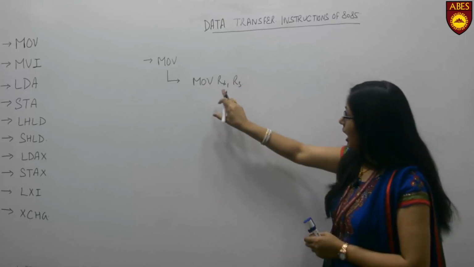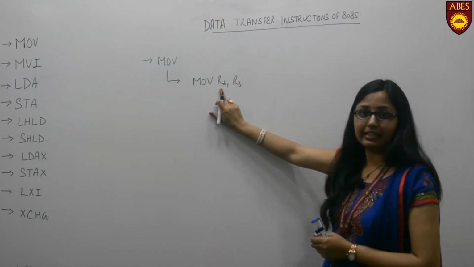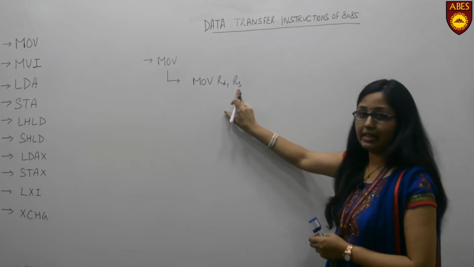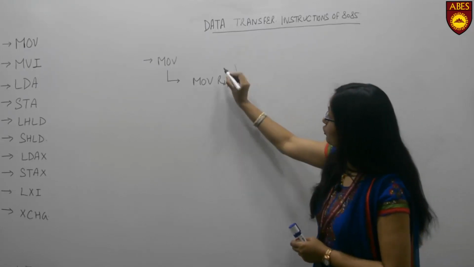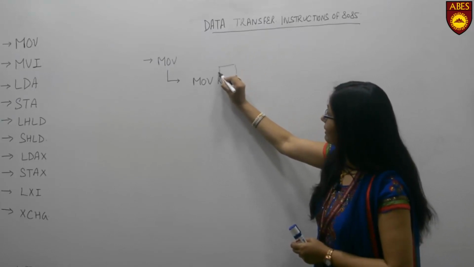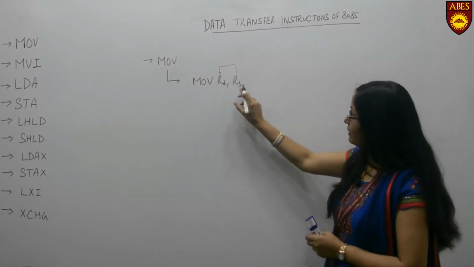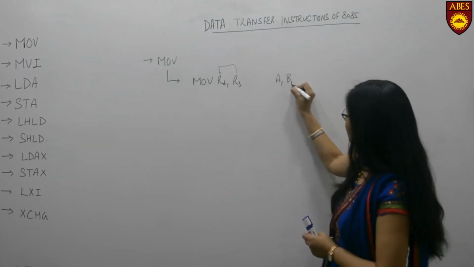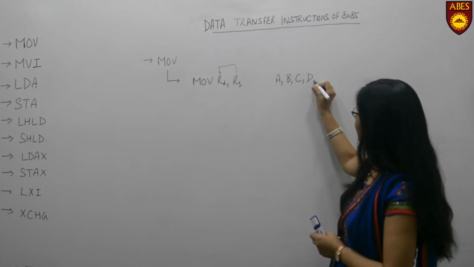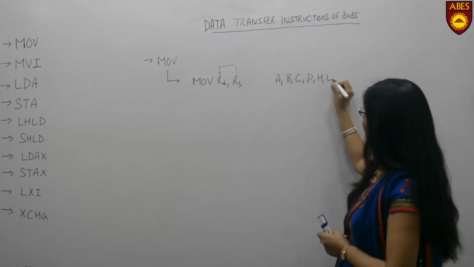What does it mean? Rd is the destination register, whereas Rs is the source register, meaning the data is transferred from the source register to the destination register. These registers may be register A, B, C, D, H, L.